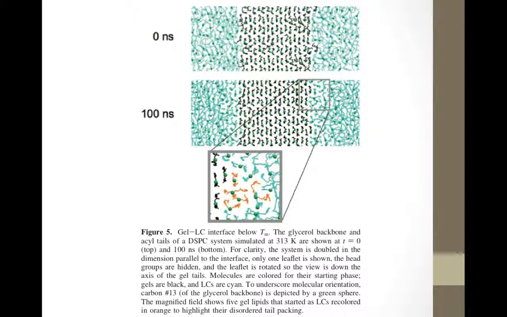Although the tails still form a hexagonal array tilted parallel to the stripe dimension, the two tails of a given lipid may not lie in the same row and may not even occupy nearest neighbor sites within the hexagonal lattice.